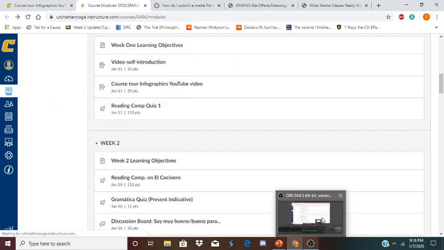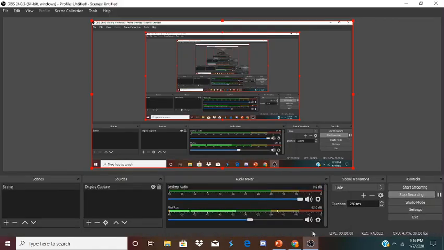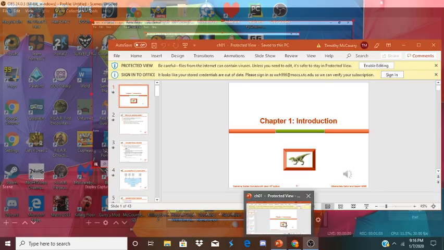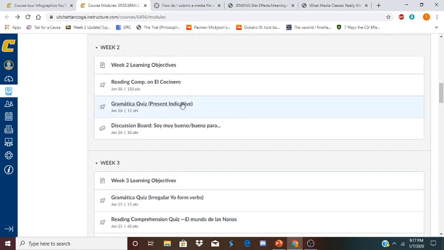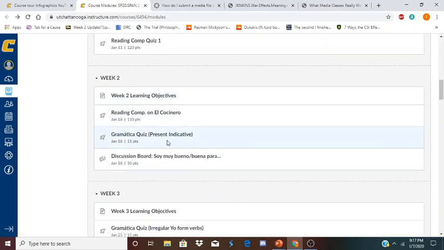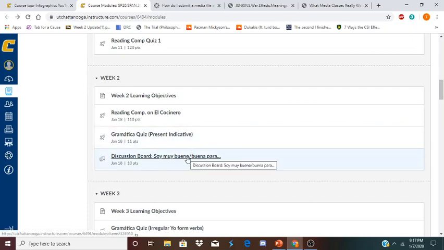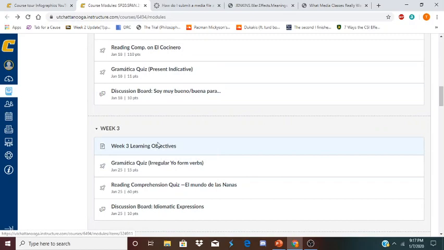And a reading composition and our first grammar quiz, which is over present indicative, and a discussion board over Soy Muriendo.